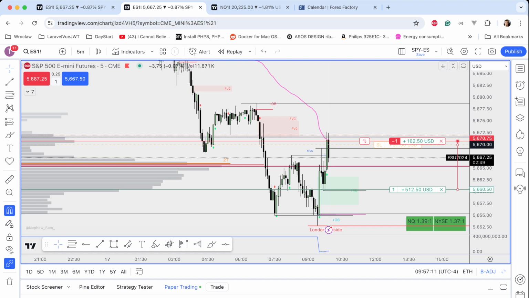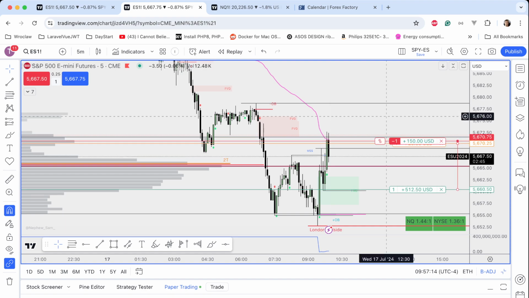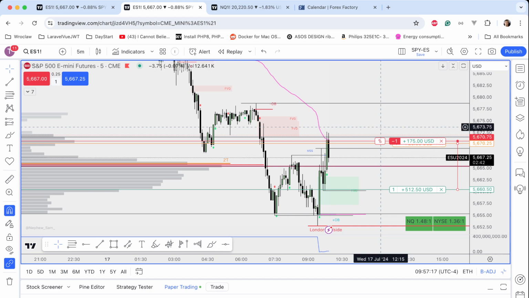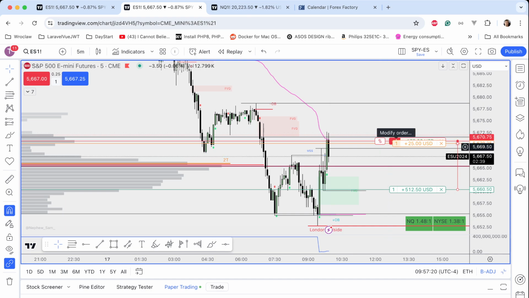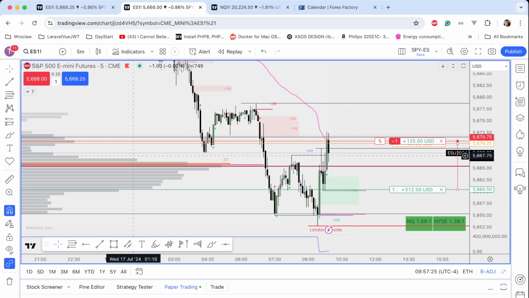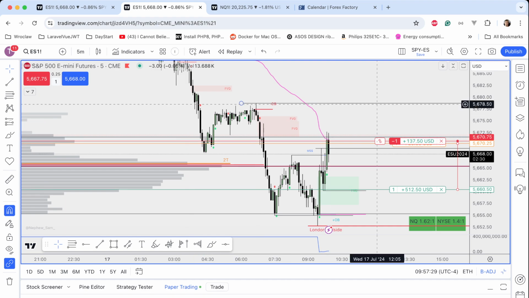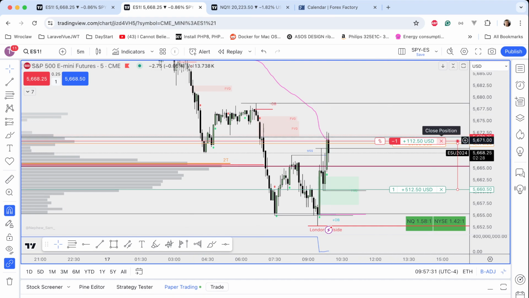I'll just say 1 tick in front of it, to no risk on it at all. If I had 2 contracts, I would be closing one here. So we're basically tapping into that liquidity which was trapped. We could retest one more time, go back to view up a second time.